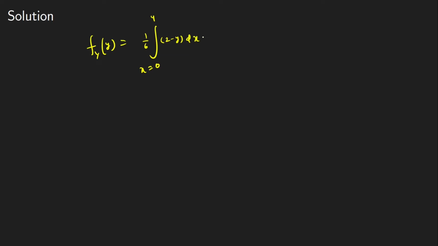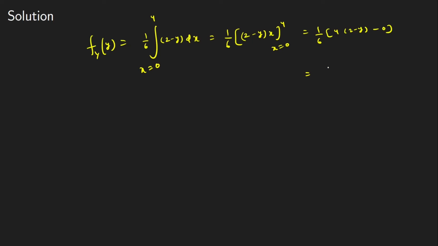Okay, we are integrating with respect to the other random variable. So 1 by 6, and here you will find it equal to 2 minus y times x. We will do it from x equals 0 to 4. Finally, it will be equal to 4 times 2 minus y minus 0.